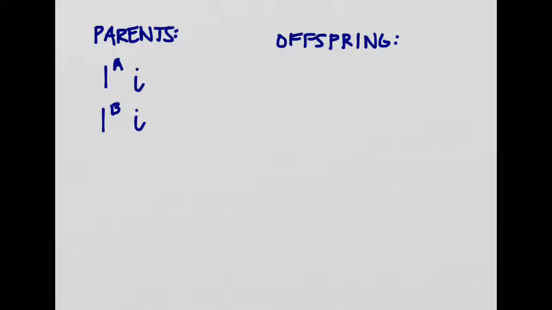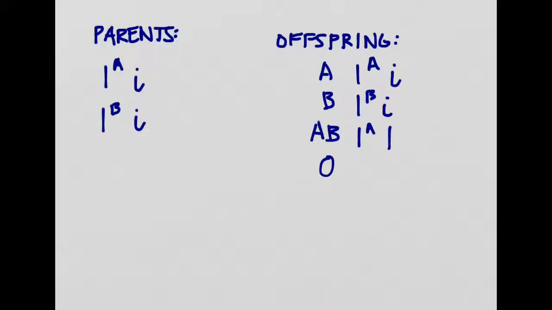Because then we could get blood type A, blood type B, blood type AB, and blood type O by having the A child be I A little i. The child with type B blood could be capital I B little i. The offspring with AB blood type would be big I A, big I B, and the child with type O blood would be little i, little i.